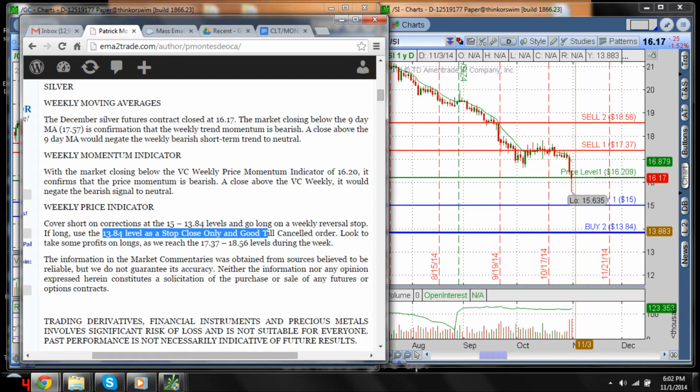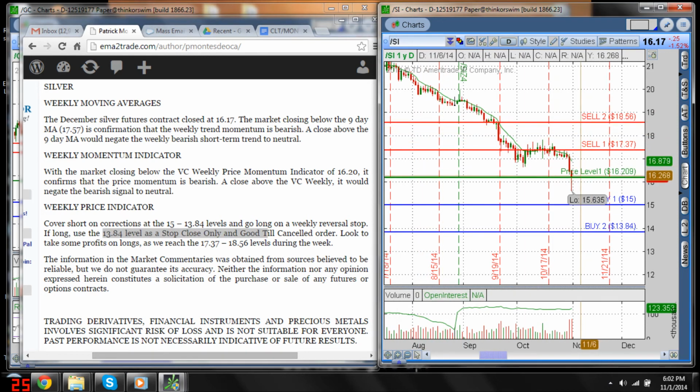It's also telling you that if you buy into these price levels, you should take profits at 1737 to 1856 levels during the week, if we see those levels during the week.